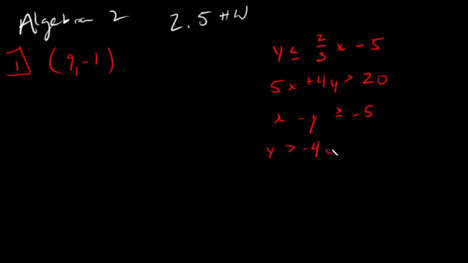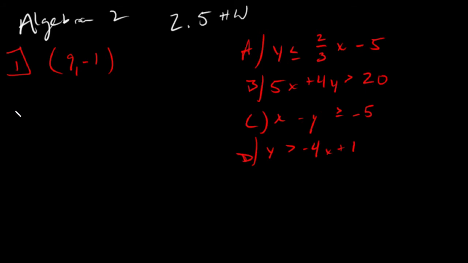So these are our four things, A, B, C, and D, and we have an ordered pair. You need to plug in 9, negative 1 into each of these and see which ones create true statements. So I'm going to go ahead and do that.